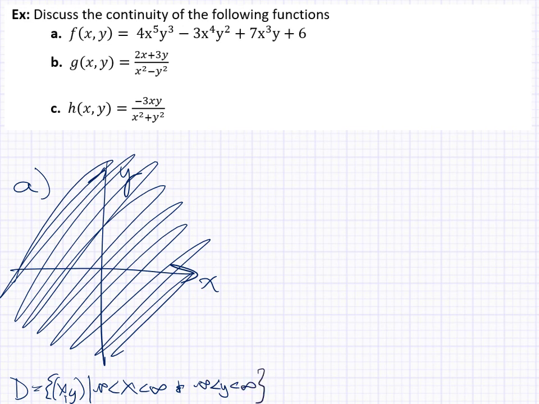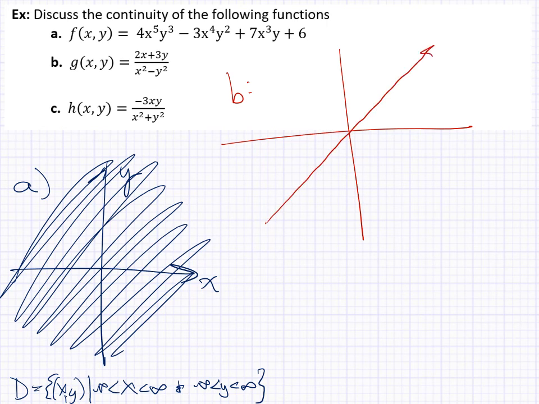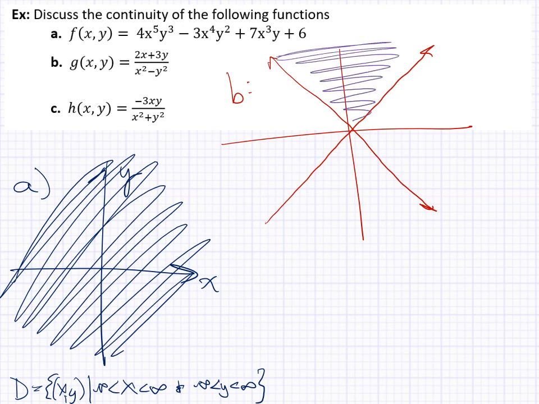For B, what do we say? We said that really, if we think about it, the points that we don't want are where the x's and y's are equal in absolute value. So essentially, these points and these points would be the points that are not in my domain. So my domain would basically consist of everything in this triangle, this one.